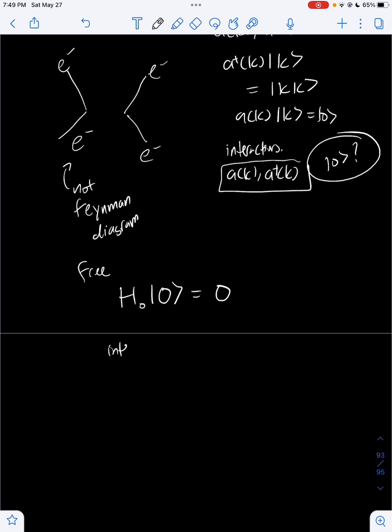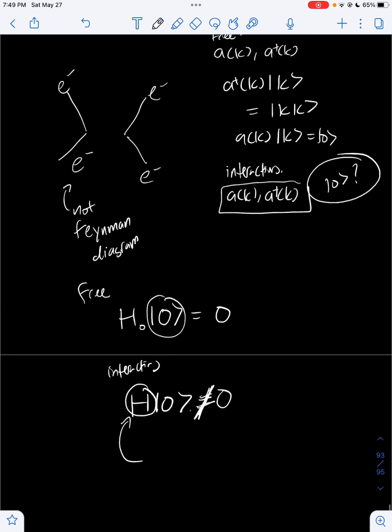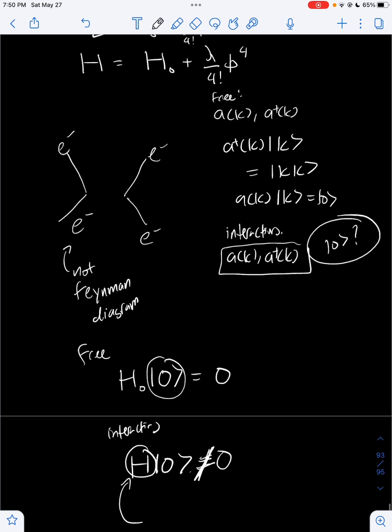But for interactions, if we use the same state and act on the full Hamiltonian, we're not necessarily going to get 0, because the full Hamiltonian is going to be a function of the full interacting quantum field, which contains powers of creation and annihilation operators. So we're not going to get 0 if we act on the full Hamiltonian with the vacuum state. So basically, defining particle states for an interacting quantum field theory becomes pretty hard to do.